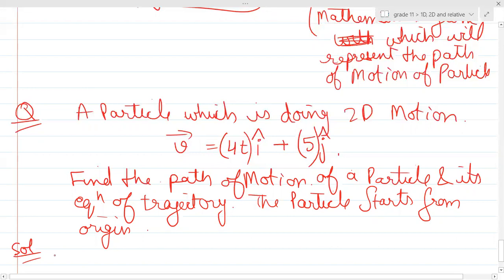First of all, I told you I just want a relation between y and x. So first, try to get a relation between x and t. Try to get a relation between y and t, and then try to see whether that time can be eliminated or not. So your first job will be to find out x and y in terms of t. Is this clear?